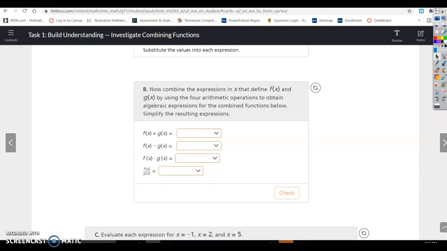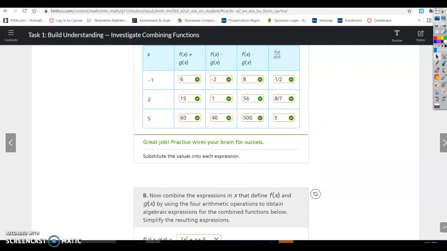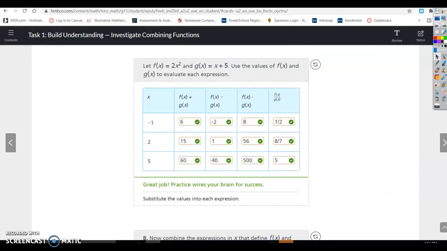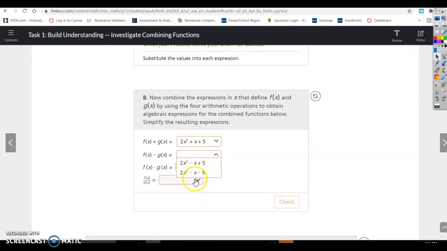So 2x squared plus x plus 5. And then we're going to do 2x squared minus x plus 5. But if you subtract that expression, it should be negative. And then we're going to multiply it.